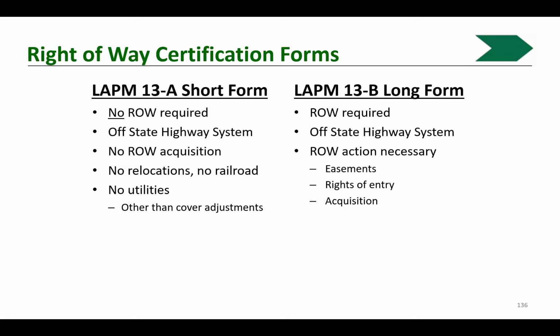So if you have a project where you're doing the first 2 blocks of a project, then that stands alone, and the federal funding rules are just for that 2 block thing.